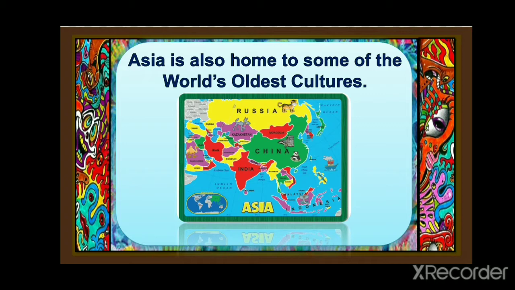And also, Asia is the land of extremes and contrast. It has the highest mountains and the longest rivers, highest plateaus and largest deserts and plains in all continents.